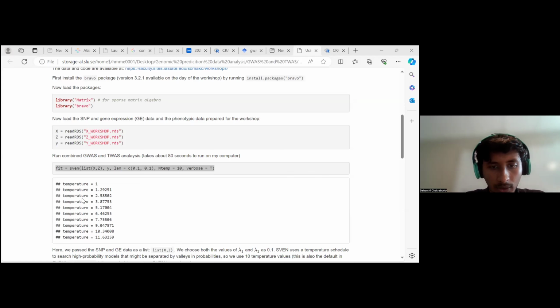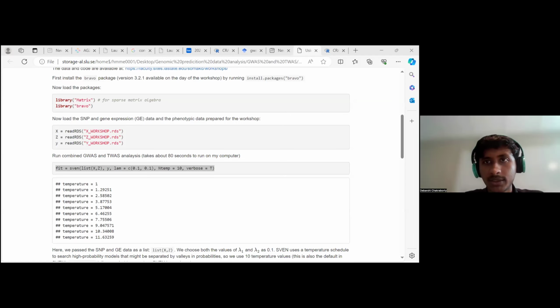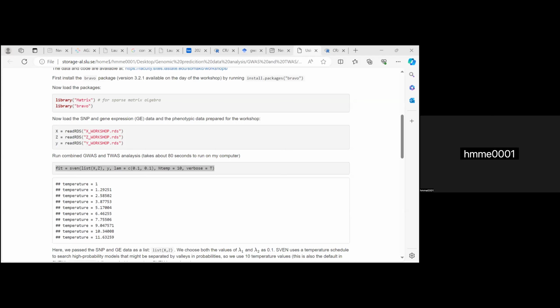Okay, what's your problem again? Can you see my screen? Yeah, I can see your screen. I can see the HTML file. I ran the library, Bravo, it works, and even I installed the matrix.